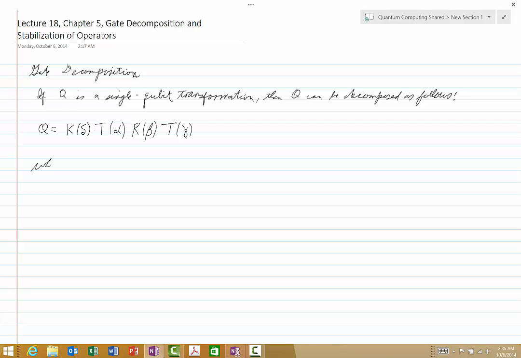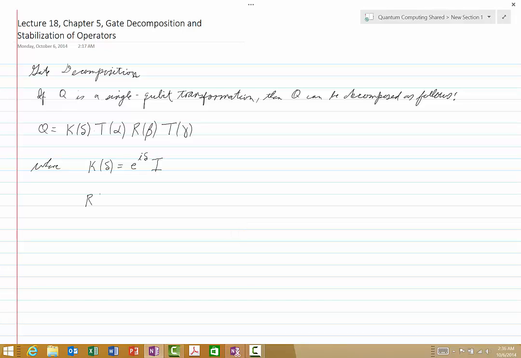where K of delta is equal to e to the i delta times the identity matrix.